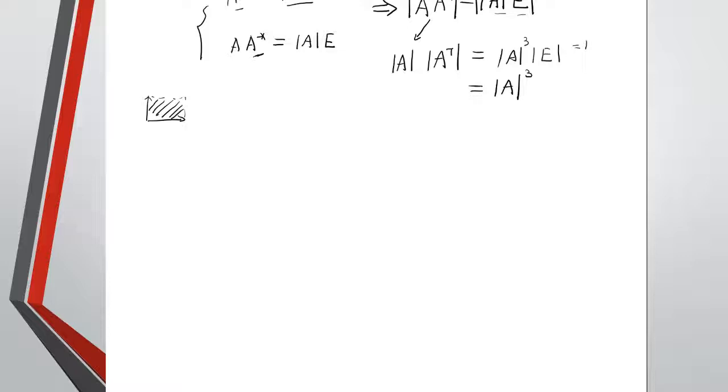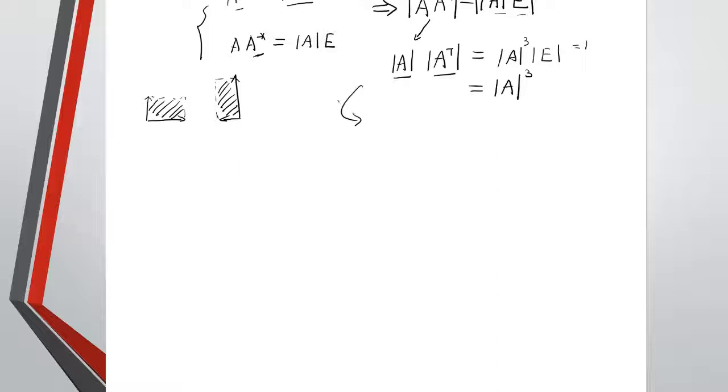Even if you transpose, like you write something like this, the area within these two vectors will not change. So that's why the determinant of A and the determinant of A transpose will be exactly the same.